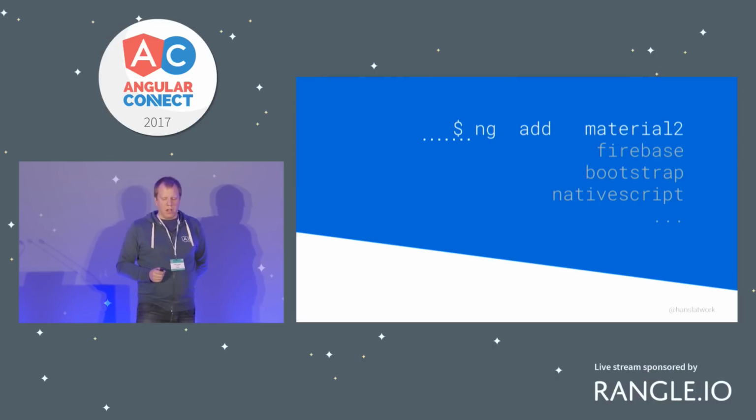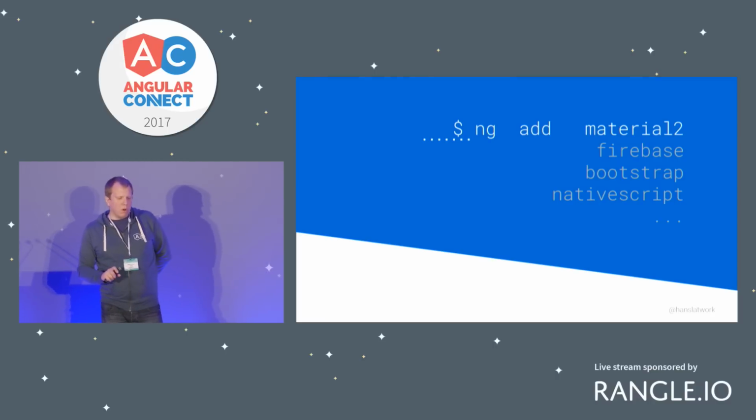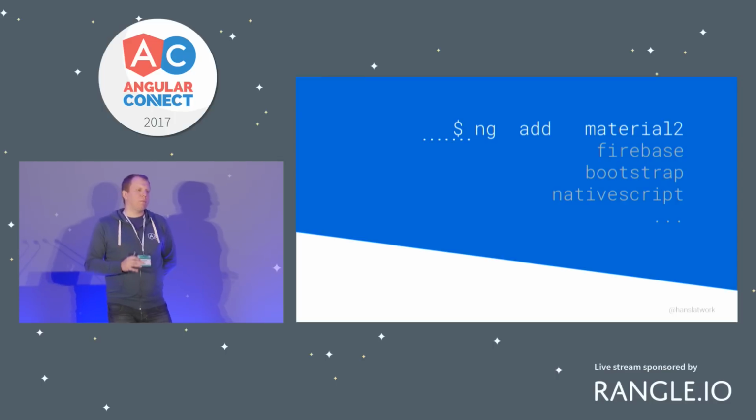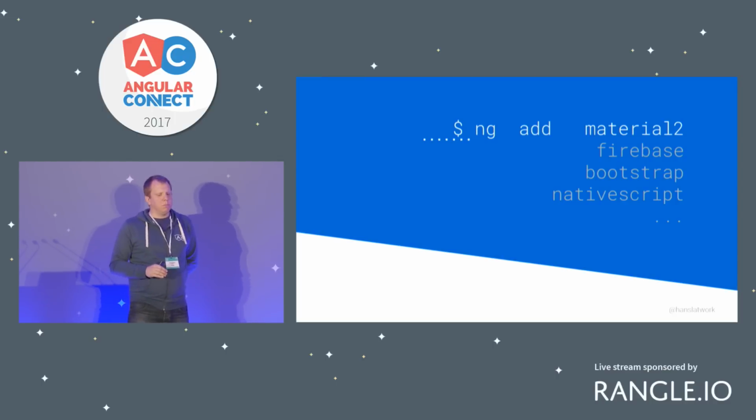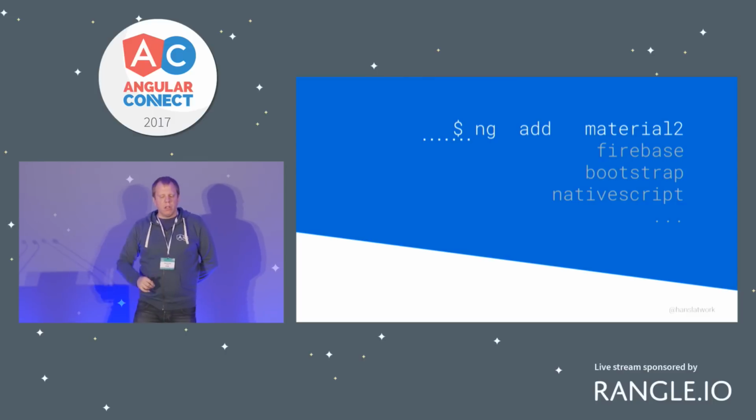And finally, we want to have another command in the CLI that we call add, but the name is pending for now, that adds support for a library. So you have a project that already exists.